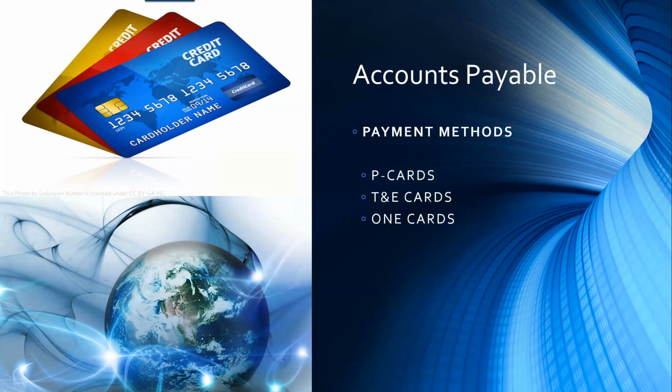And sometimes these cards are stored within the accounting department and only issued prior to travel. And then the 1 cards are a combination of both the P cards and the T&E cards. And these cards are often held by the individual employee or contractor indefinitely for the individual purchasing options.